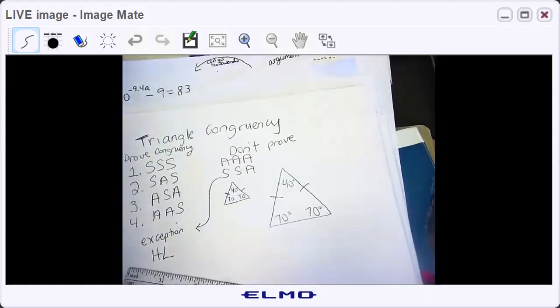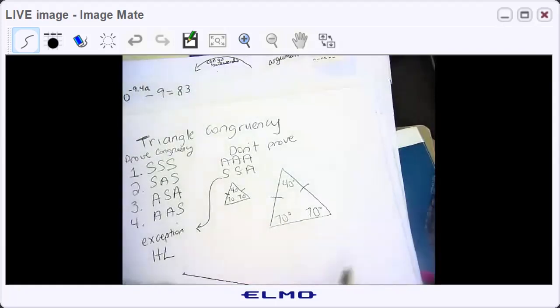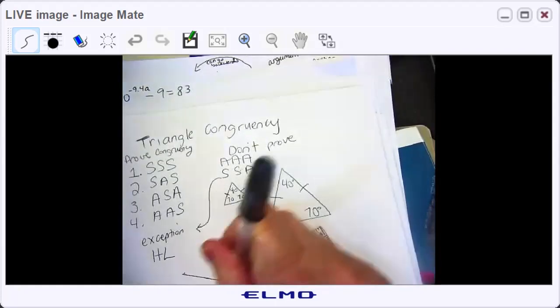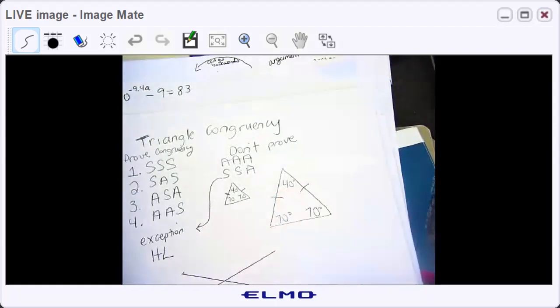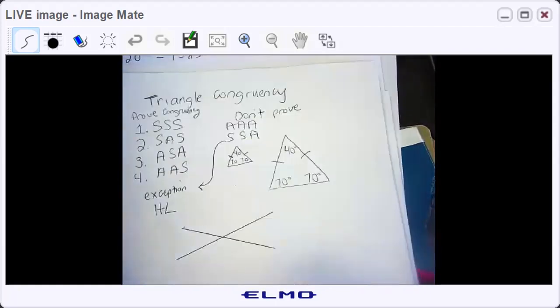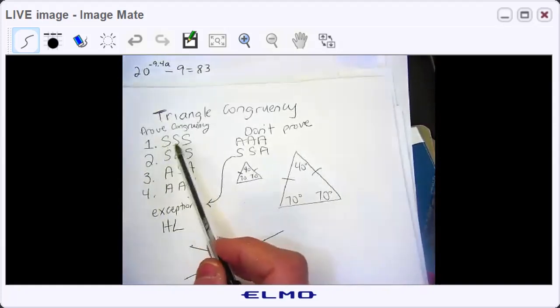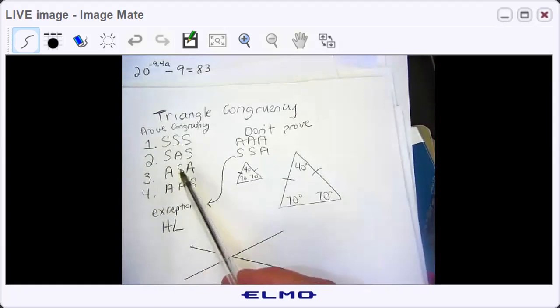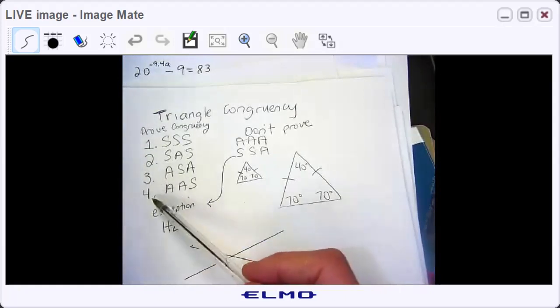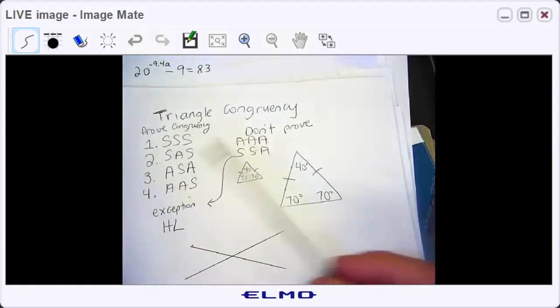So this is a classic one that they do. Let me just tell you, if I didn't say this already, that in order to prove these triangles are congruent, all these theorems are going to require that you have 3 marks in one triangle and the corresponding 3 marks in the other triangle.